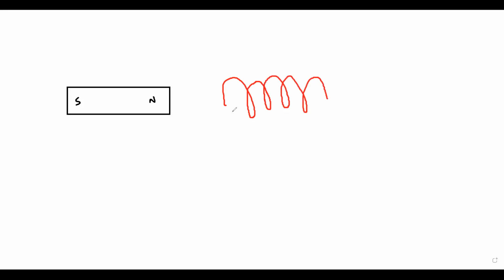Say you have a magnet, this is the north pole, south pole, and we have a solenoid. Solenoid means a circular or a coiled wire. For example, we are moving the magnet towards it.